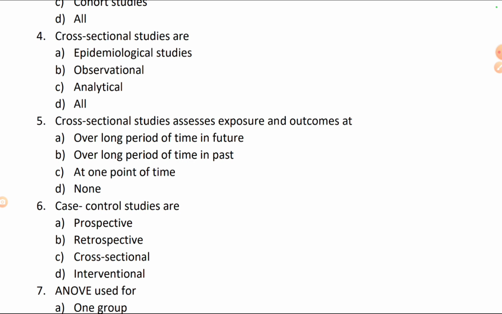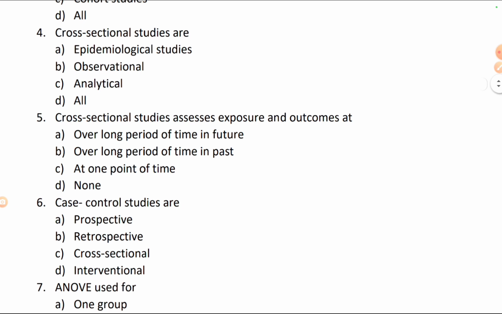Option B, over a long period of time in the past. Option C, at one point of time. Option D, none. The answer is option C, at one point of time.